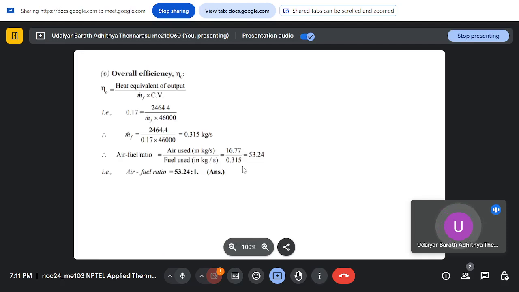Next is overall efficiency. Overall efficiency is heat equivalent of output divided by the heat input.